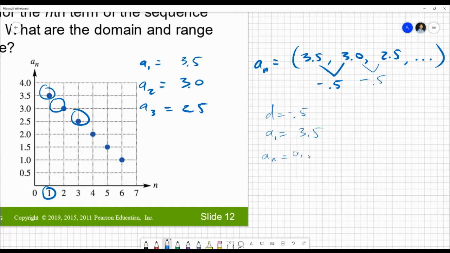Well, use the formula. I'm just going to use fractions here. I may not have to do that, but let's see. Yeah, let's just stick with decimals.